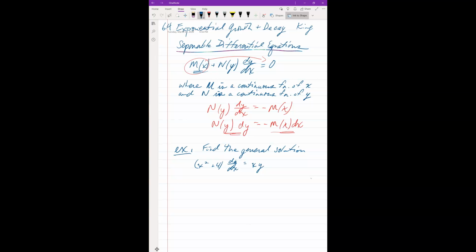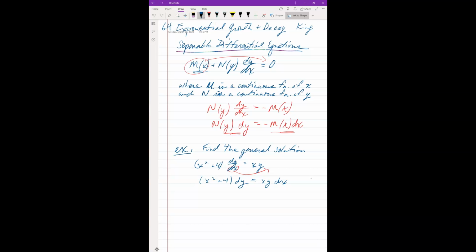The first thing we're going to do is take this dx and bring it to the other side. And so we're going to have (x squared plus 4) dy equal to xy dx, like so.